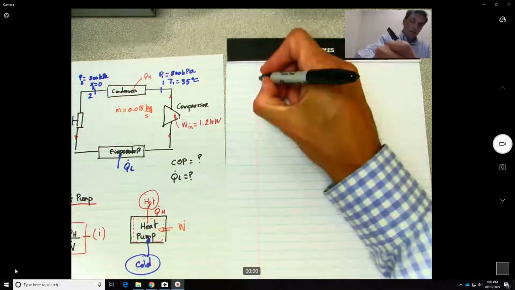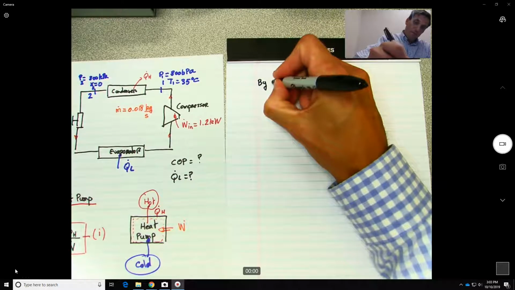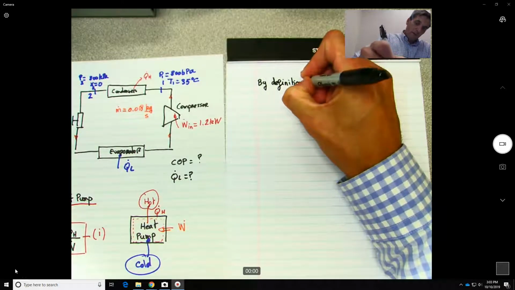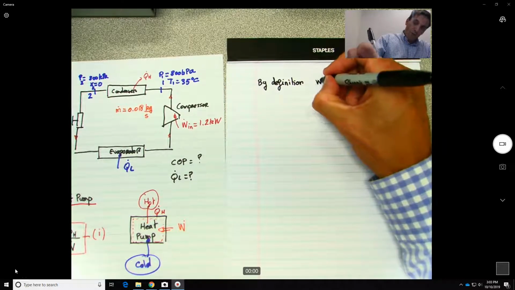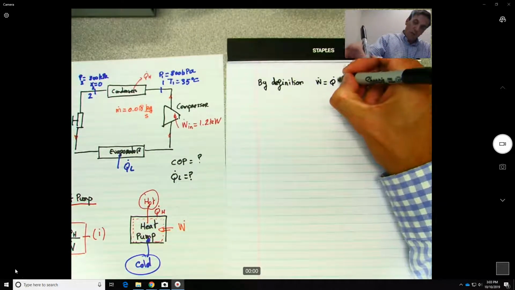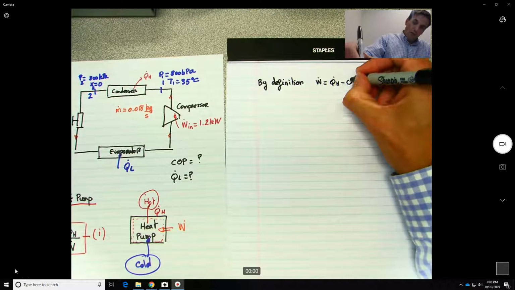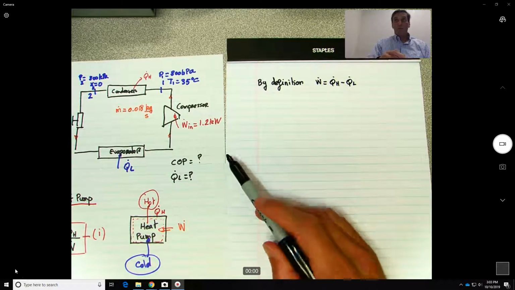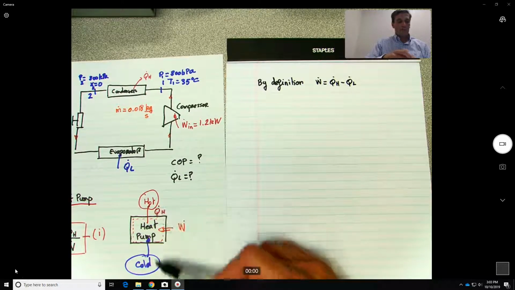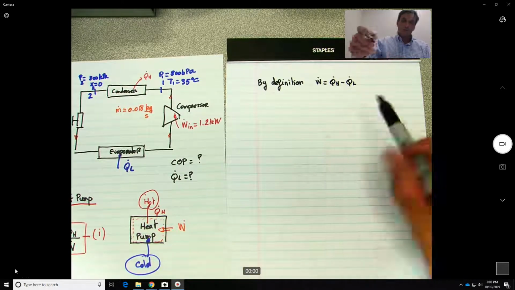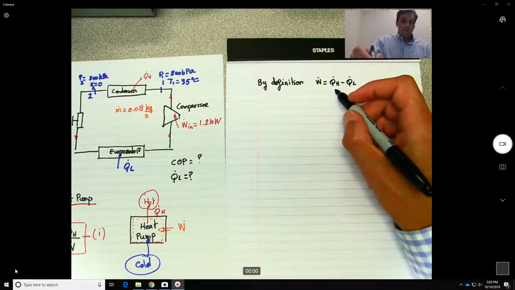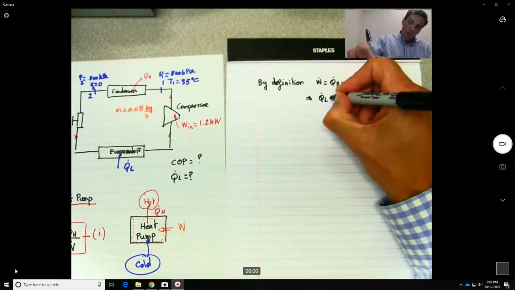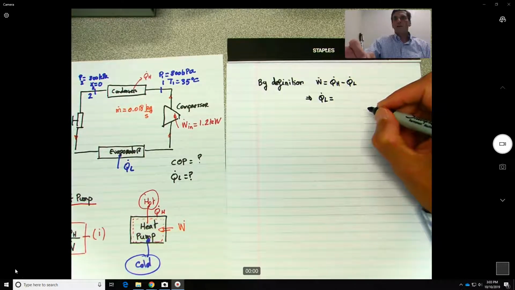We know that by definition, we have that the power is always equal to the amount of heat transfer release. Later on, we can say that it's proportional to the temperature difference between the hot and the cold reservoir. So if we do this, we are looking for Q dot L will be equal to what?